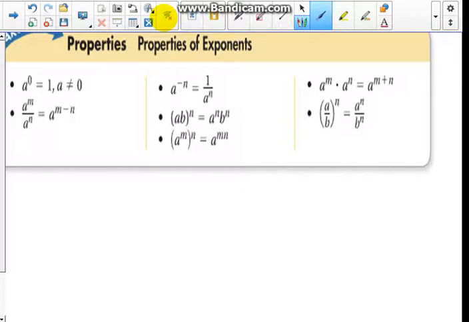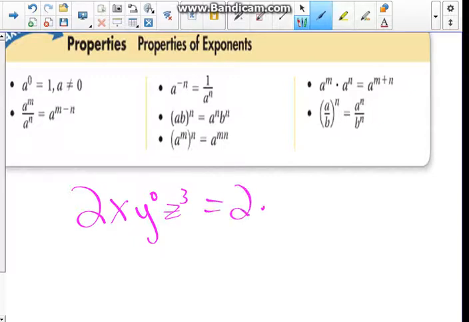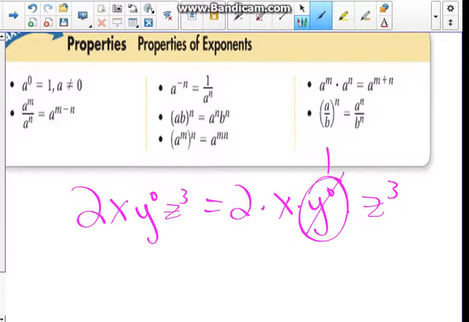Now if we have it combined, like 2x, y to the 0 power, z cubed, that's like saying 2 times x times y to the 0 times z cubed. So when we pull this apart, we've got y to the 0 here, and we know that that's equal to 1.